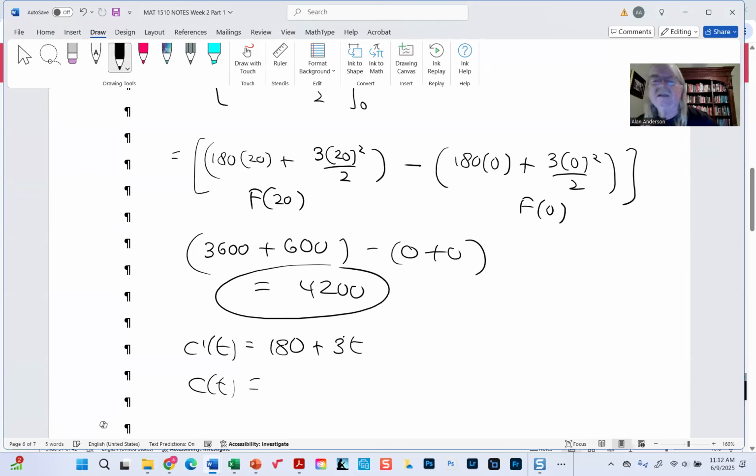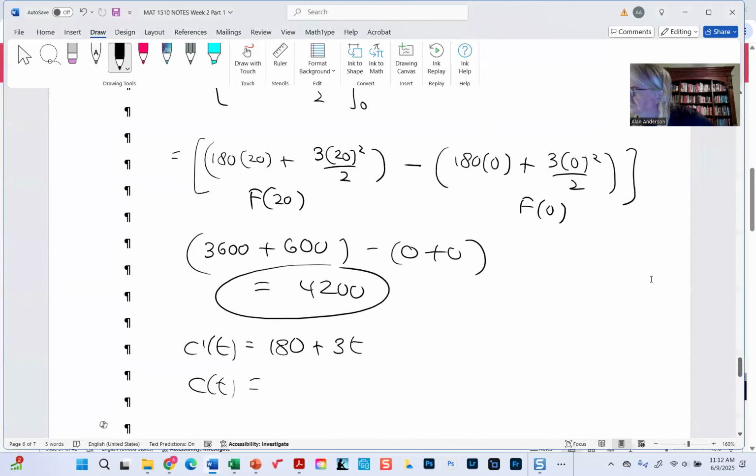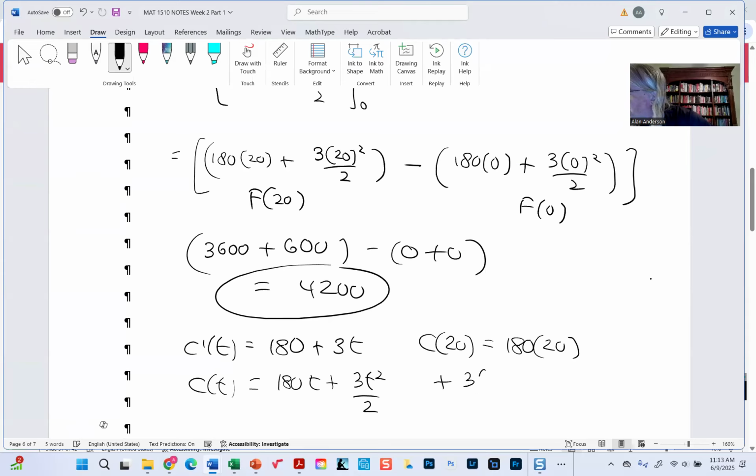So we integrated this thing. We discovered that the integral is 180t plus 3t squared over 2. So in other words, you're evaluating the actual function that tells you how much liquid is in the tank at any given time.